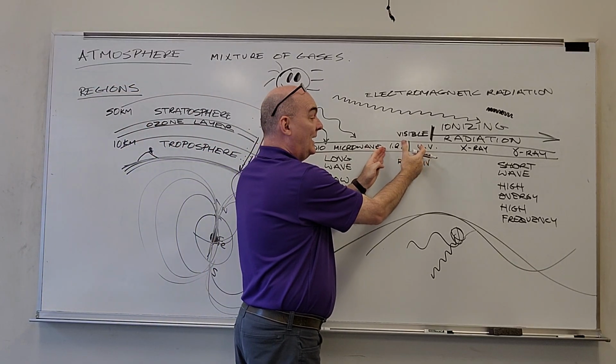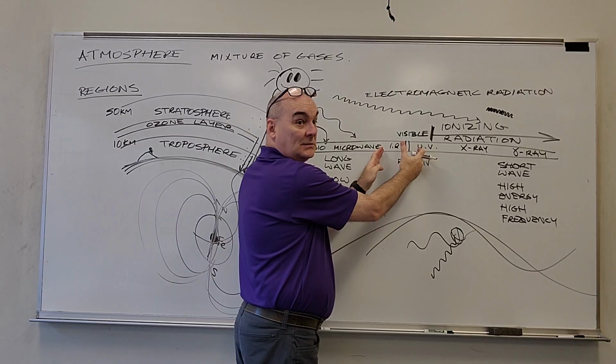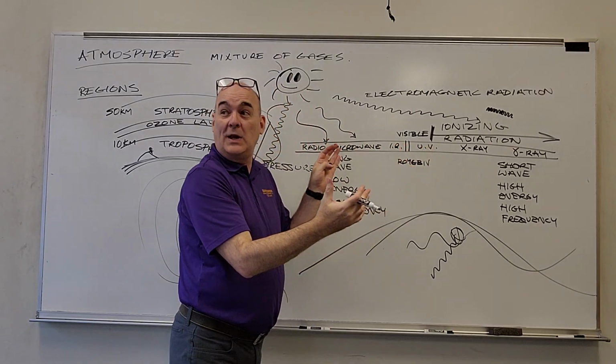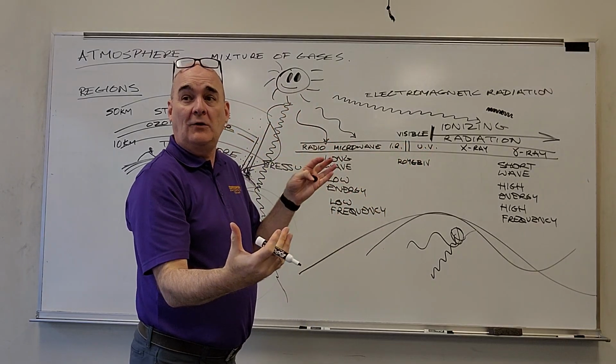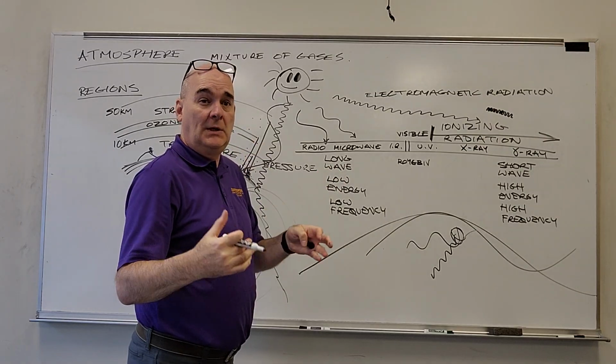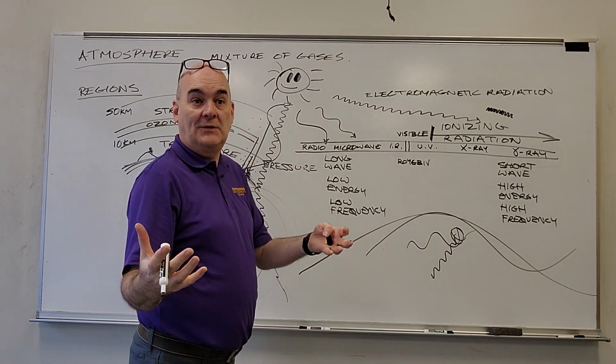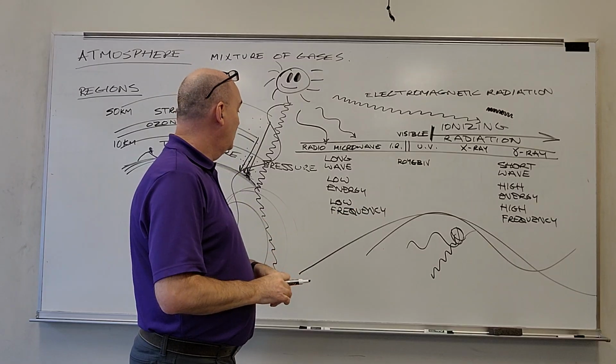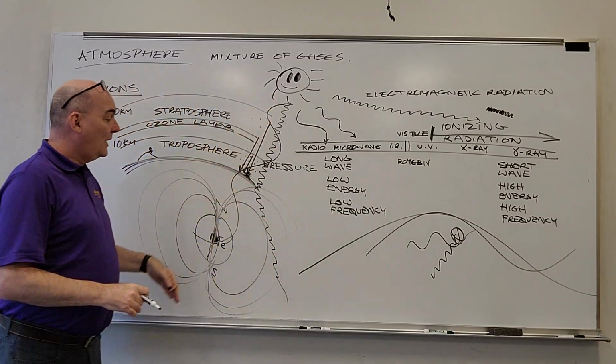So we get heat and visible light from the sun. We get the microwave and the radio as well, but we can't hear microwave and we can't hear radio. We can use it for communications, but then turn that into the audible range at the end. So the low energy waves get through.